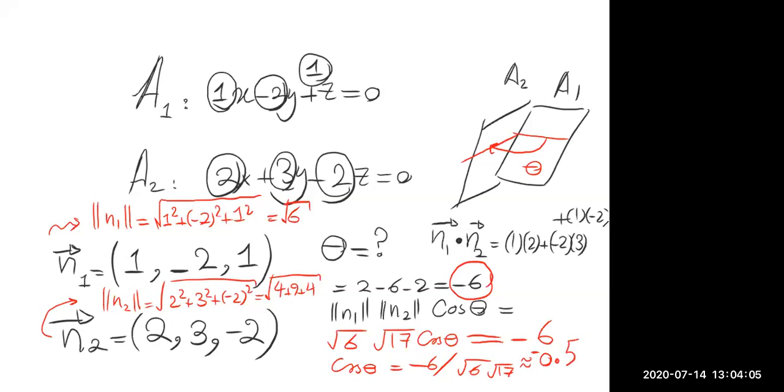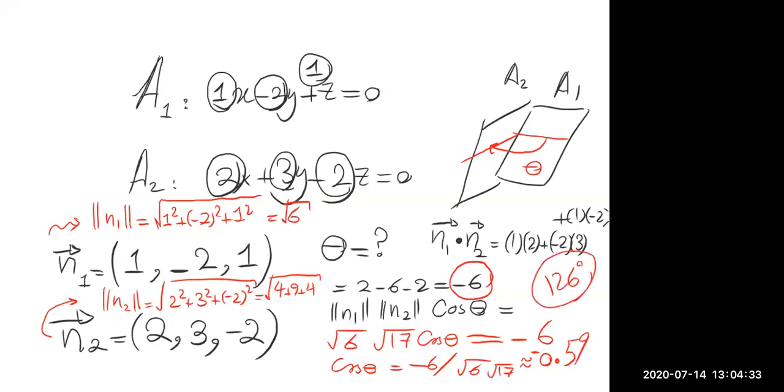Okay, and what is the angle which gives us this? What is the arc cosine of minus 0.5? Well, yeah, you're correct, 126 degrees. It's minus 0.59.